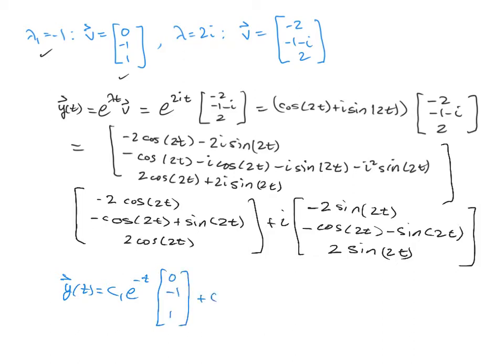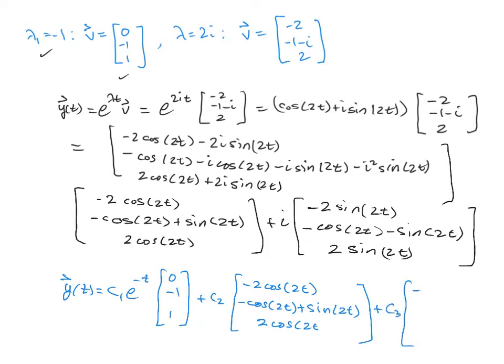And then we're going to have a second arbitrary constant c2 times that first vector, -2 cosine 2t, negative cosine 2t minus, actually that is a plus sine of 2t, and then a 2 cosine 2t, and then a third arbitrary constant, c3, times our -2 sine 2t, negative cosine 2t minus sine of 2t, and then 2 sine of 2t. And that right there is our third vector.